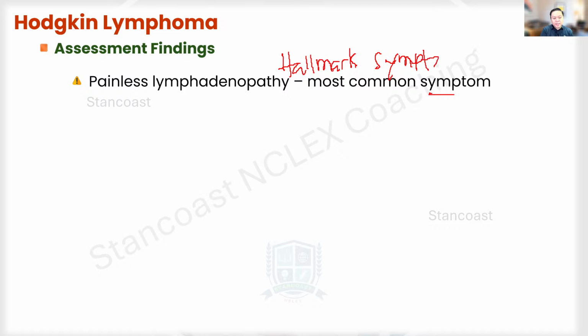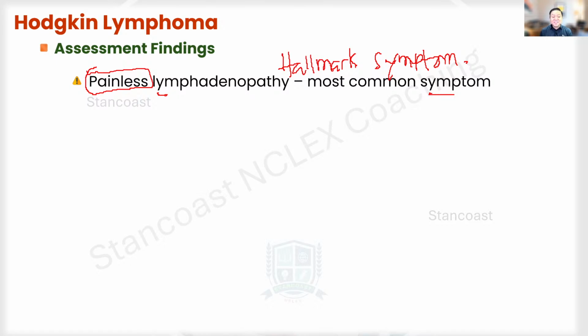They're going to feel this enlargement of the lymph nodes, okay? This is going to be painless. Please take note of that. This is the hallmark of Hodgkin lymphoma. And of course, this will present as enlargement that is painless.